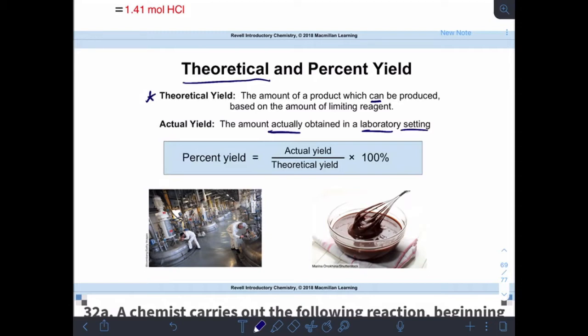And you may only get one bowl of actual chocolate out of all of that work. So what's important for you to know is that the actual yield will always be given. That's given information. That's never something that you can calculate because it's all based on real life, actual circumstances.